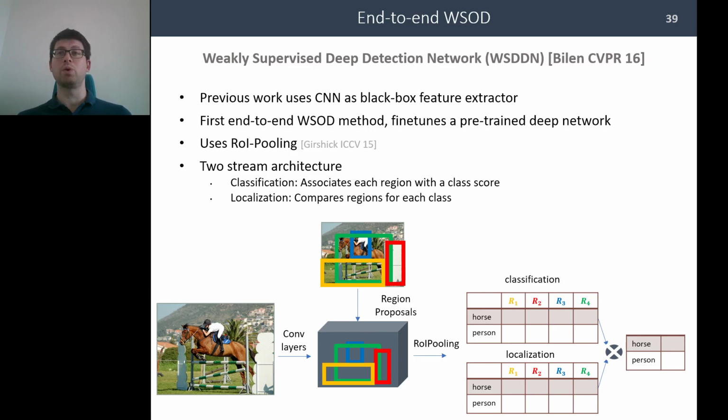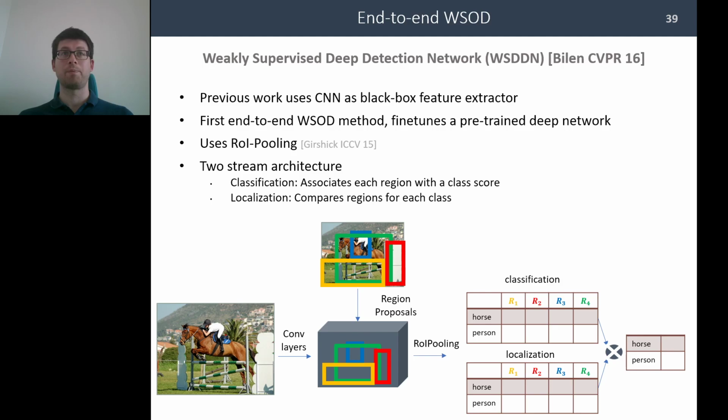Once we compute both the probability maps, they are element-wise multiplied, and because we have only an image-level label, they are summed over the regions such that we get one score for the whole image per class, and the network is minimized with the binary cross entropy loss.